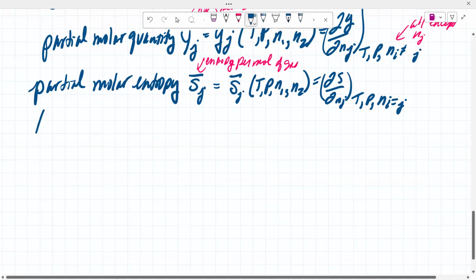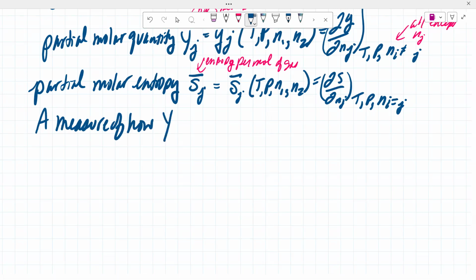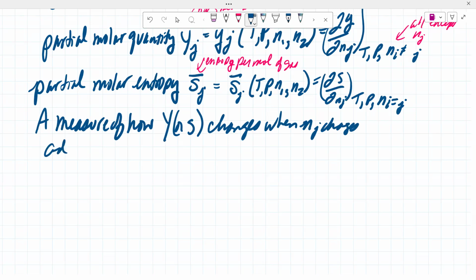It measures how Y or S changes as N_J changes.